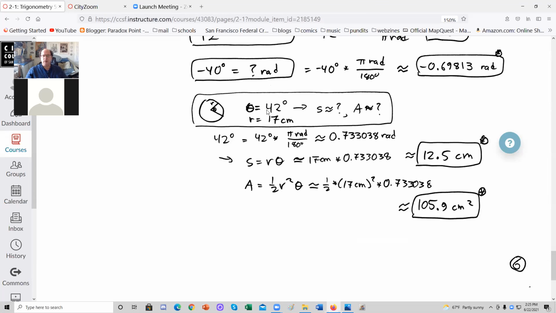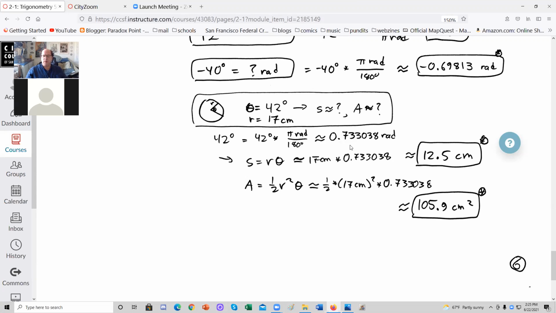You have an angle of 42 degrees, a radius of 17 centimeters. What's s, the arc length here? What's A, the area of this triangle-ish sector here? First we find the angle. 42 degrees multiplied by pi radians for every 180 degrees. So the degrees cancel. You get about 0.733038 radians is the angle. s equals r theta. r is 17 centimeters.